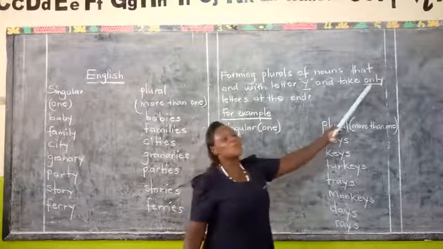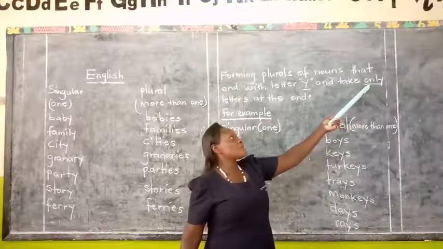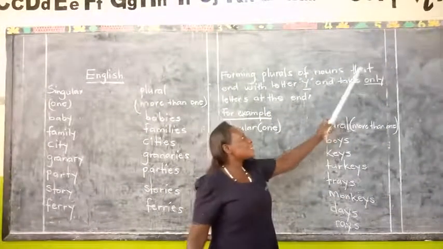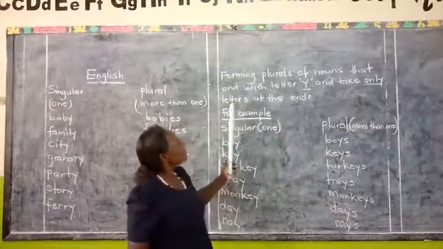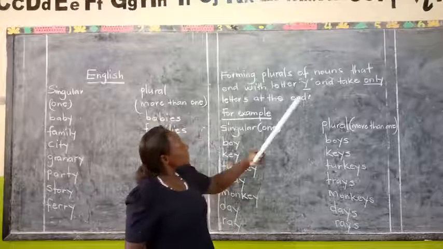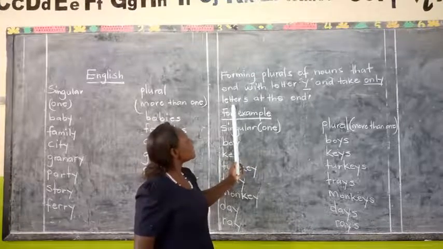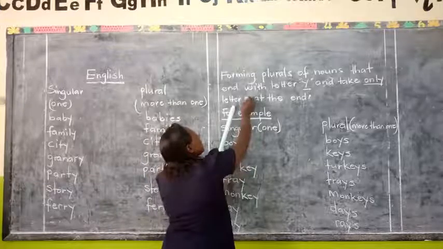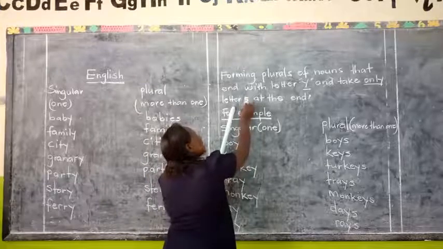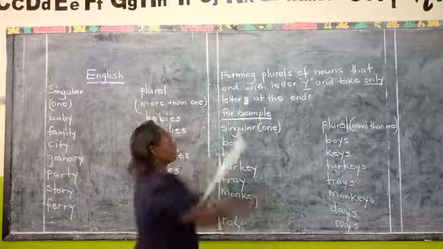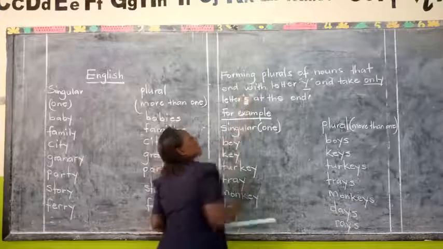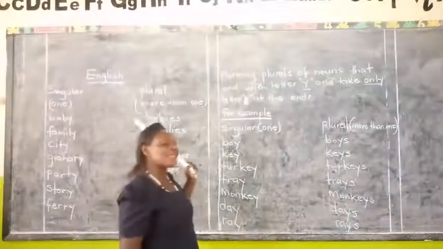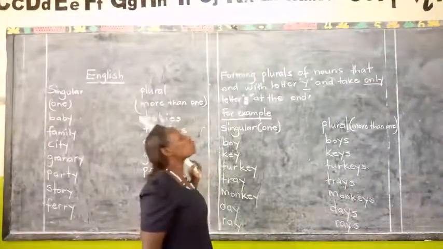I have underlined it with a reason, that here it becomes an important word. Only take letter S at the end. Mark that word only. As we marked the other one, some, not all.